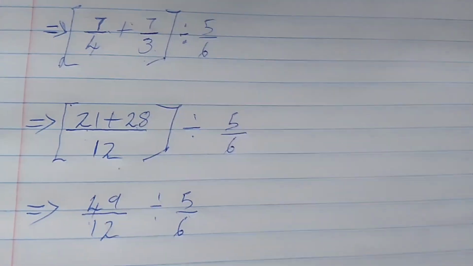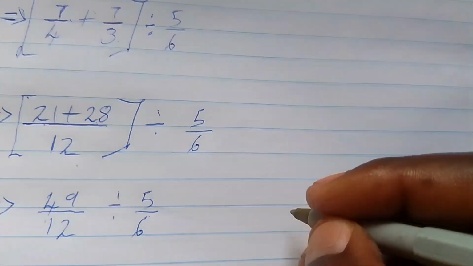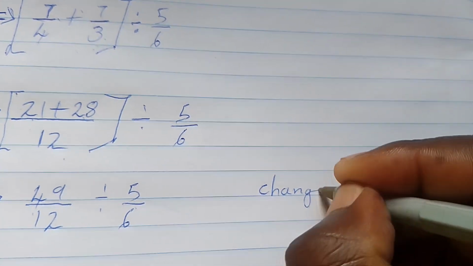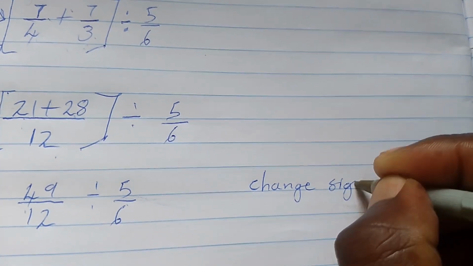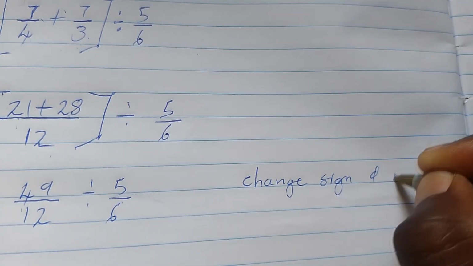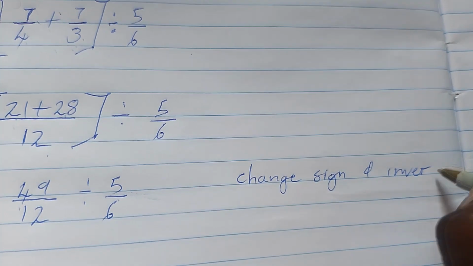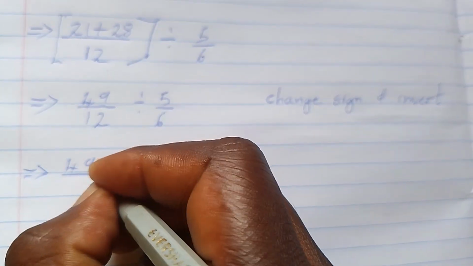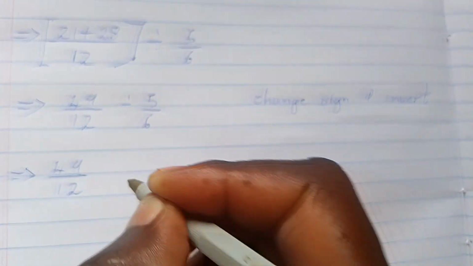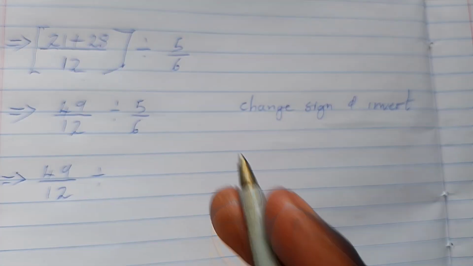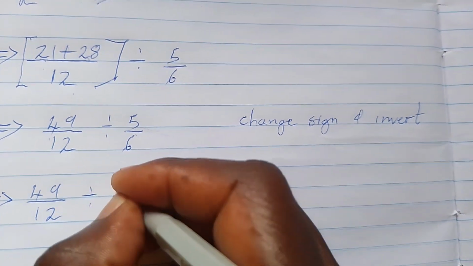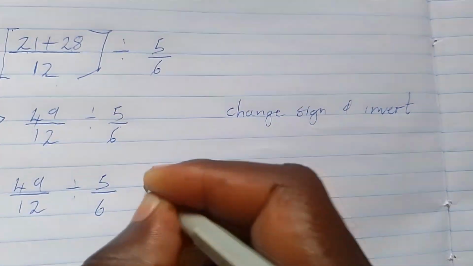So here is where we use this. We call this change sign and invert. So how are we going to go through this? We're going to say 49 over 12 divided by 5/6.